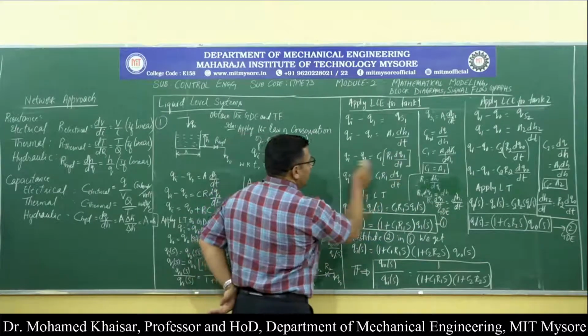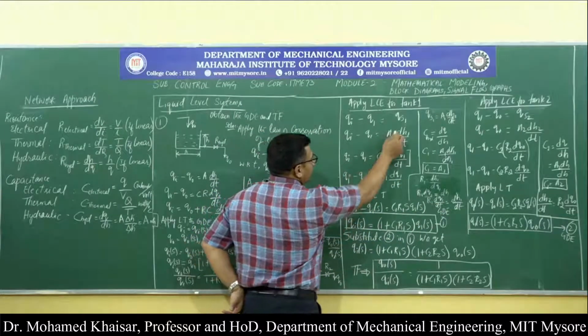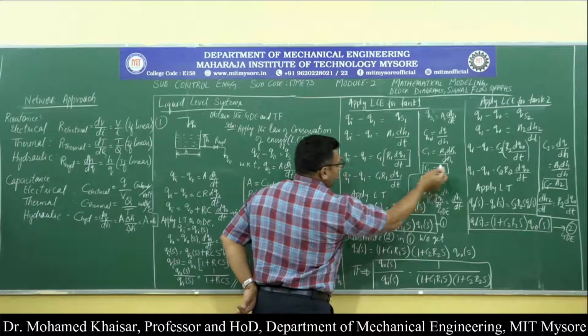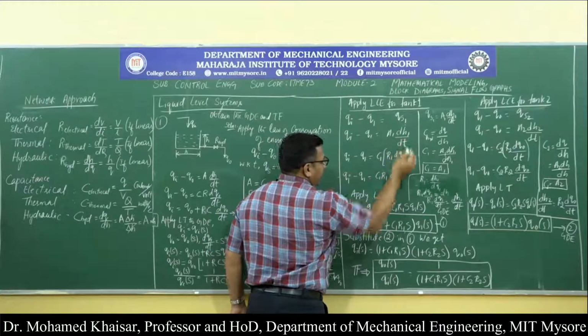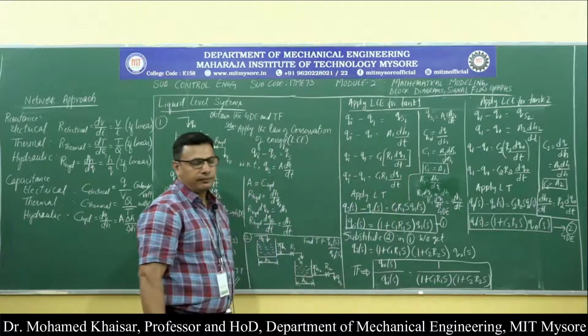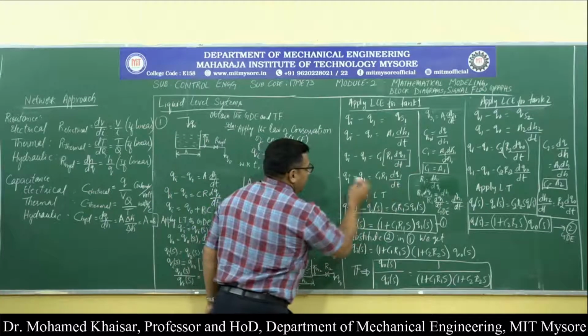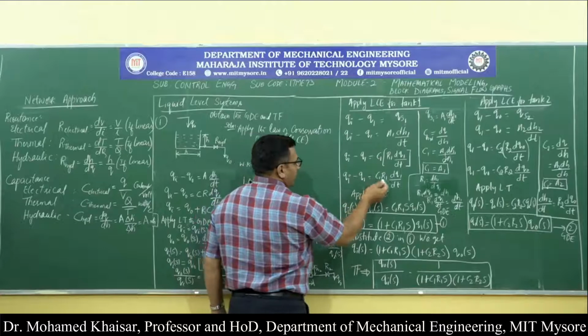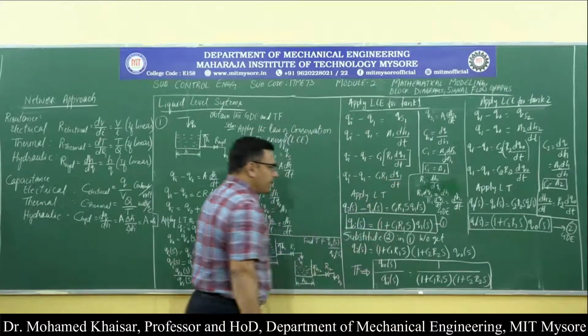Then what we get is Qi minus Q1 is equal to A1, which has been replaced by C1, then dH1 by dt has been replaced by R1 dQ1 by dt. Now, just rewriting it, Qi minus Q1 is equal to C1 R1 into dQ1 by dt.